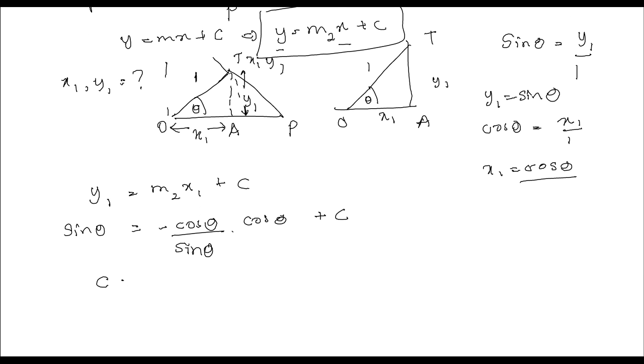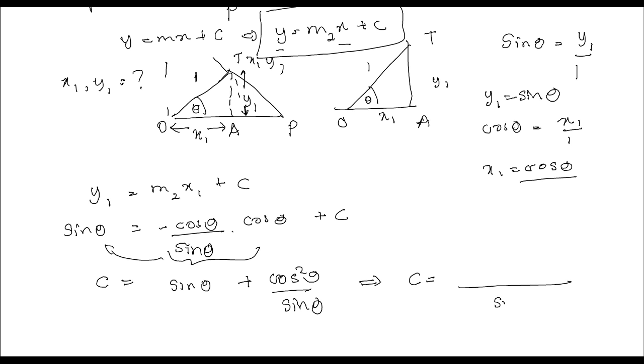Now I can rearrange the terms. C equals, I'll take that to the side, which gives me sine theta plus cos squared theta over sine theta. So that leaves me with, when I rearrange this again, common denominator gives me sine squared theta plus cos squared theta, which is actually 1.